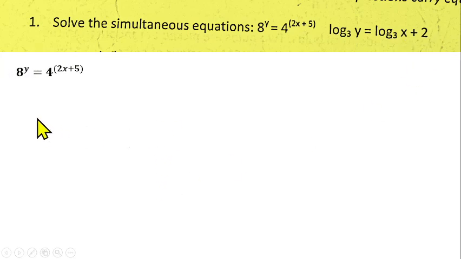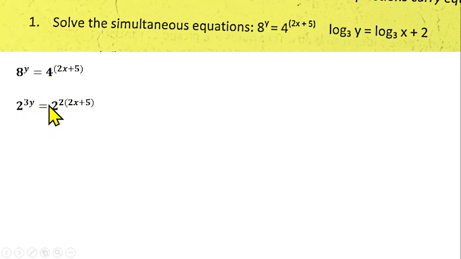So we have to solve these two simultaneously, and before we do that, we need to first simplify them one after the other. This is the initial equation, so we can make the bases equal so as to eliminate the base. We change this to 2 raised to power 3y, by finding the index of 8, which is 2 raised to power 3, then the index of 4 as well, that gives us 2 raised to power 2.